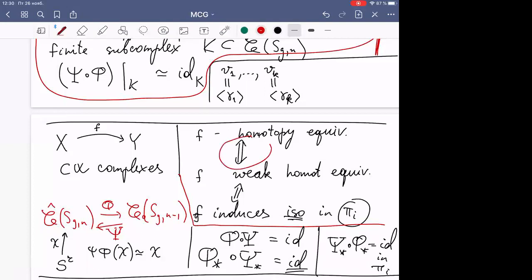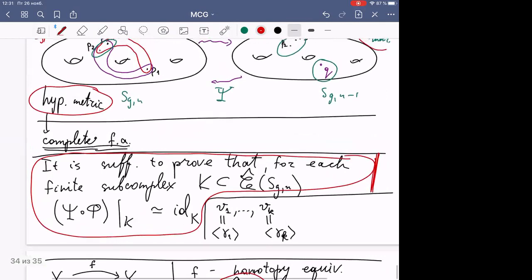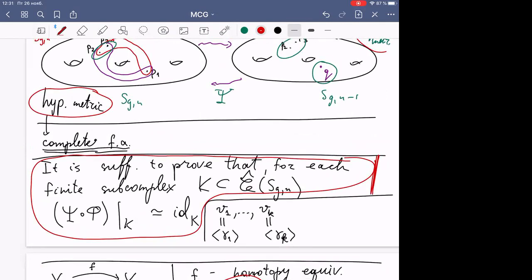It is a standard fact that homotopy equivalence is equivalent to weak homotopy equivalence for CW complexes. So it is sufficient to prove this for a finite subcomplex. Let these be all the vertices of K. Suppose that this finite subcomplex has k vertices, and we represent these vertices by geodesics in this hyperbolic metric. So these are geodesics.